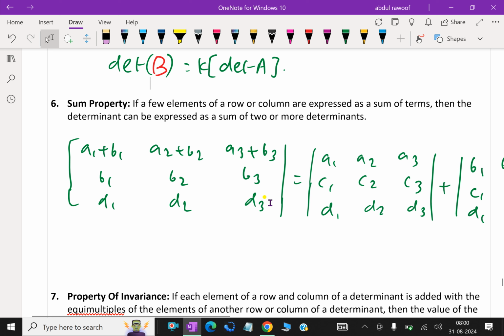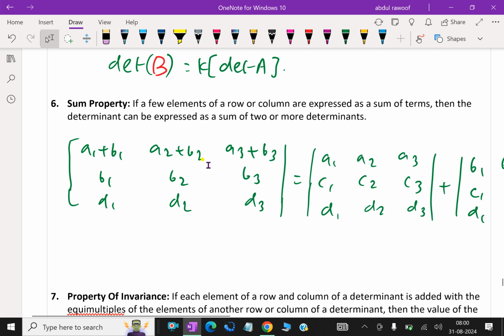Next one, sum property. If a few elements of a row or column are expressed as a sum of terms, then the determinant can be expressed as the sum of two or more determinants. Look here. The first matrix has first row A1 plus B1, A2 plus B2, A3 plus B3. Second row is B1, B2, B3. Third row is D1, D2, D3.